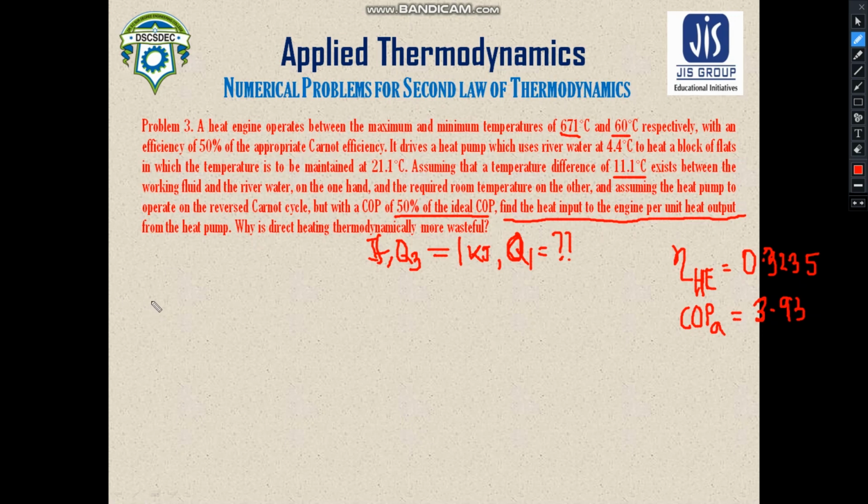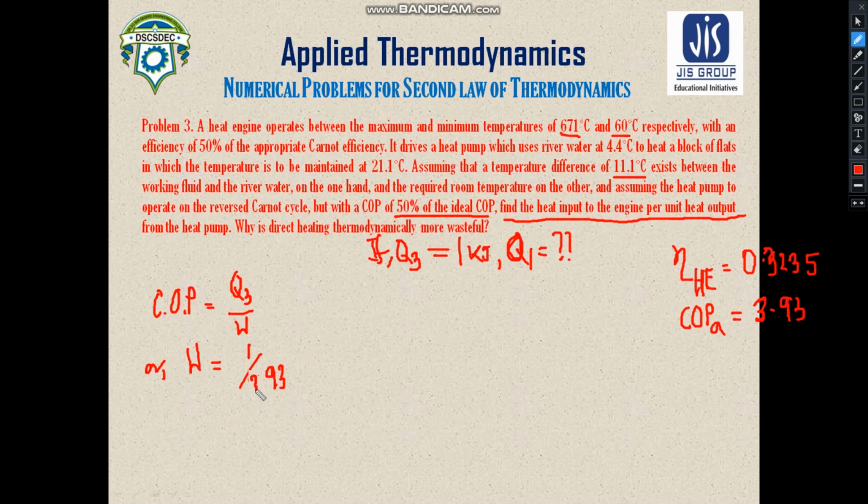Now COP, if you remember the diagram, would have been Q3 divided by W, right? It is very simple. So now this W would be Q3 by COP. That means 1 divided by 3.93.